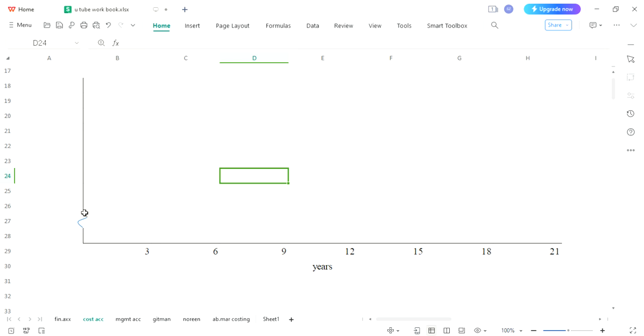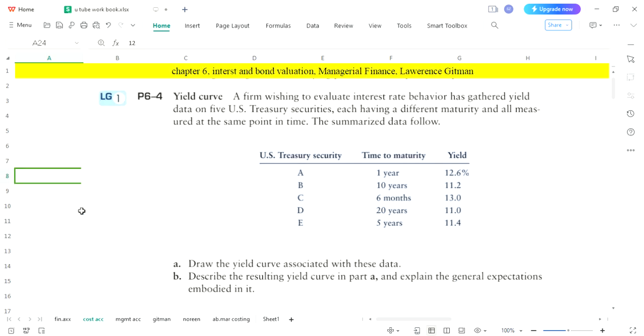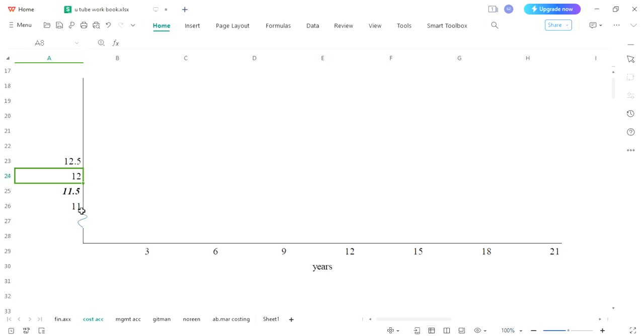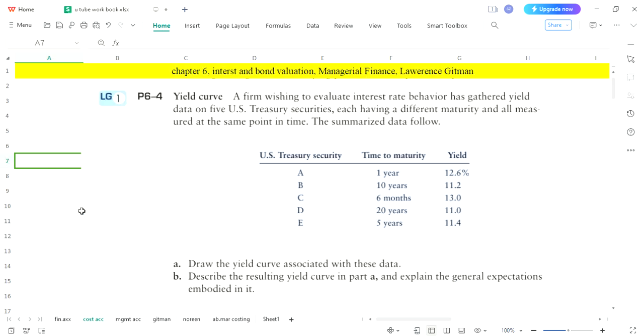So since we only have one point of differentiation, let's start with 11, and then we need 11.5, after which we have 12, and then 12.5. Within 4 points we can complete our data. 12.6 is needed, 12.5, and we have 13 as well.